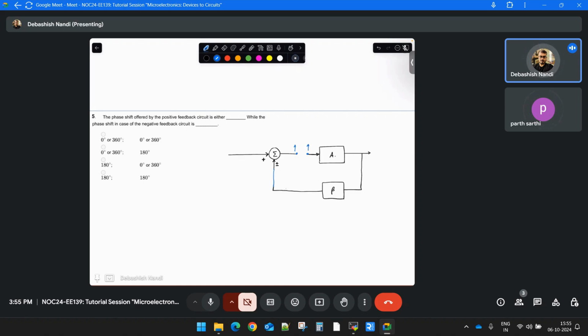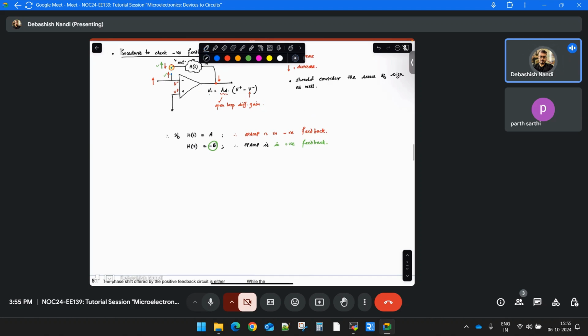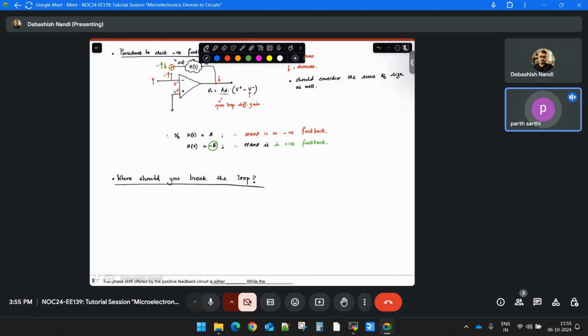By the way, there is another interesting point I did not mention. Where should you break the loop? That is also important, right? Have you understood what I mean by breaking the loop? Here only one path is there, so that path will be broken.